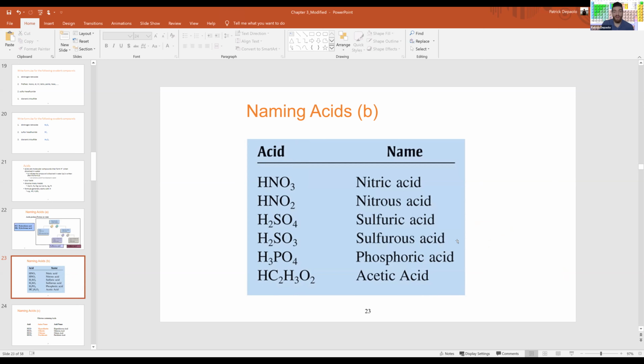Sulfite becomes sulfurous. And it's not sulfous, it's sulfurous. Why? Because it sounds better, it rolls off the tongue better. No other reason, honestly. And phosphate, you have phosphoric. It's not phosphic, it's just phosphoric. It sounds better. Acetate would be acetic acid, and that follows the rule pretty well.